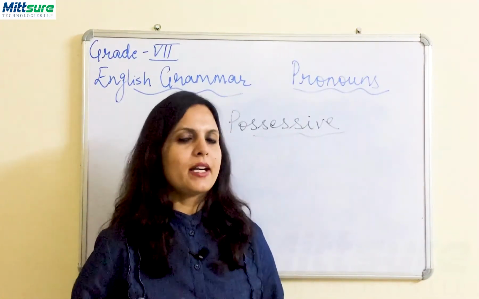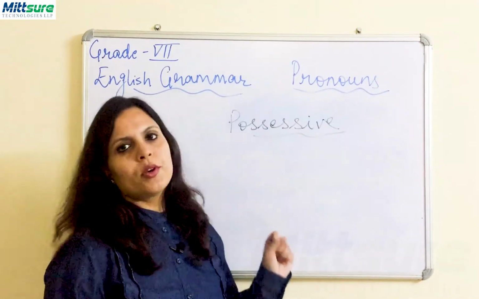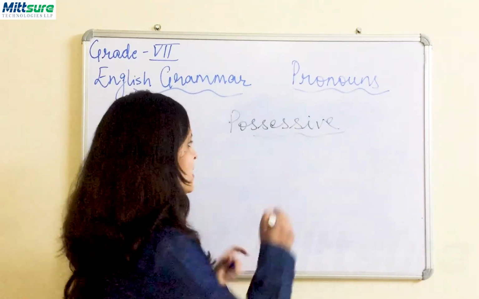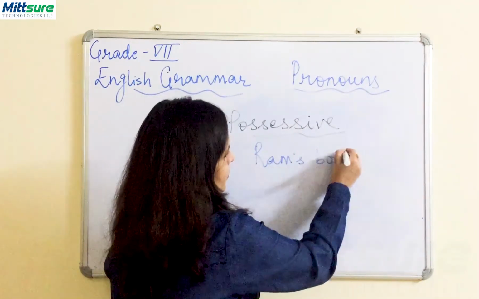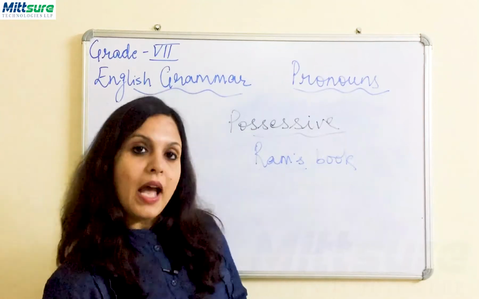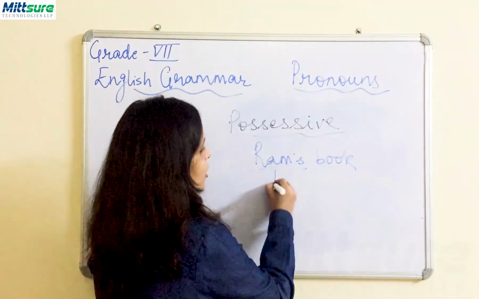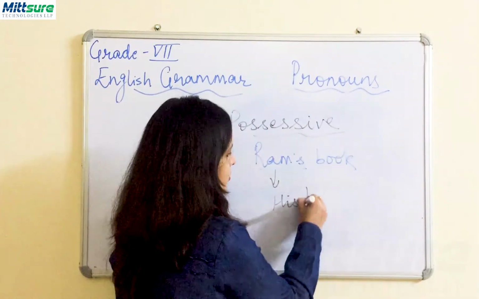That was all about the possessive noun. This is possessive pronoun. So you know that if I say Ram's book, Ram's is a possessive case of noun here, and when I convert it into possessive pronoun, I will write his book.